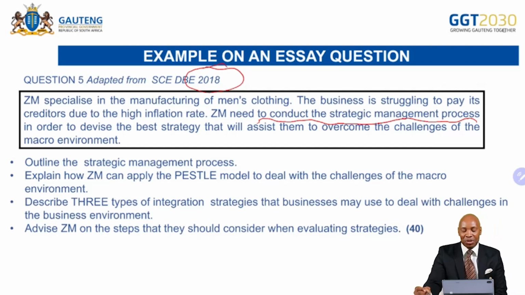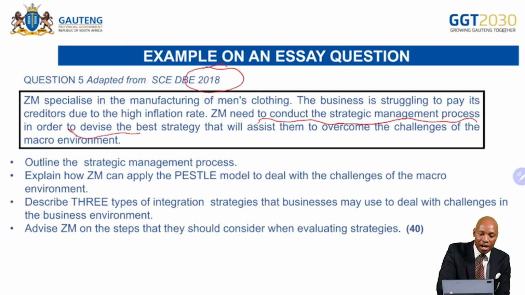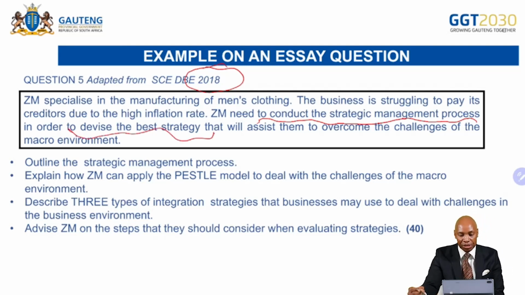Remember in my introduction, as I was introducing the strategic management process, I indicated that here is a business, Simpure Manufacturers, faced with a problem of decline in profits. Therefore, the management need to sit down and conduct the strategic management process. And then in order to devise a best strategy, remember, you don't just come up with a strategy.